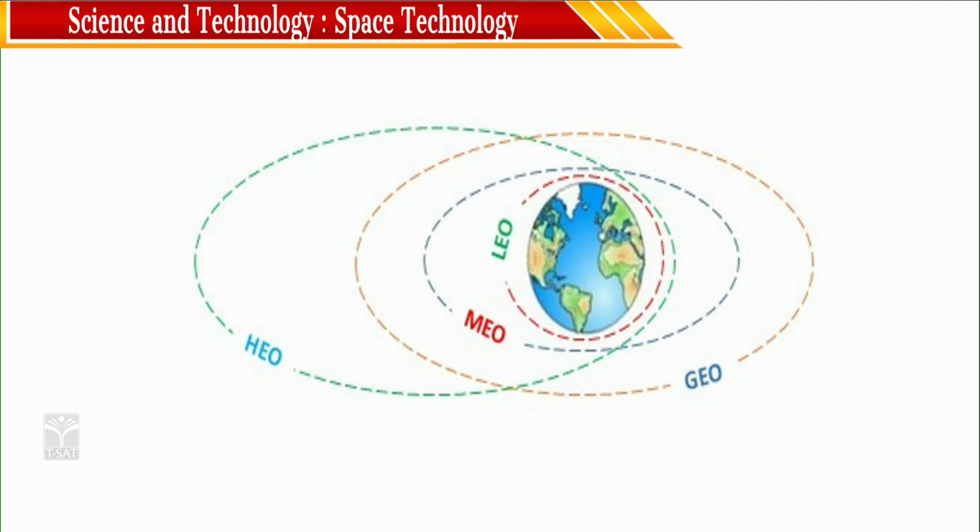So, low Earth orbits are when the altitude is around 400 to 500 kilometers. Medium Earth orbits range from 1200 kilometers to 20 to 25,000 kilometers. High, geosynchronous Earth orbits are approximately around 35,000 to 36,000 kilometers.